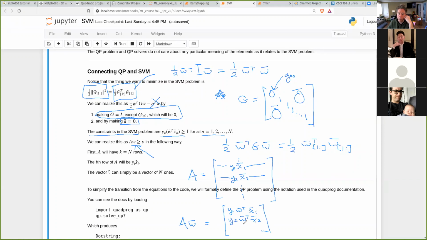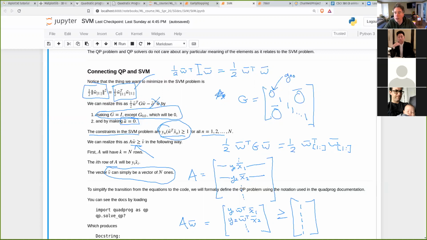So that's exactly what we want, all the way down. Okay, and now we're ready to set up the rest of the inequality. To make it be the support vector machine system of inequalities, we just need ones in every place here. So V is just going to be a vector of n ones. And you have to figure out how to do this in NumPy, but it's easy.